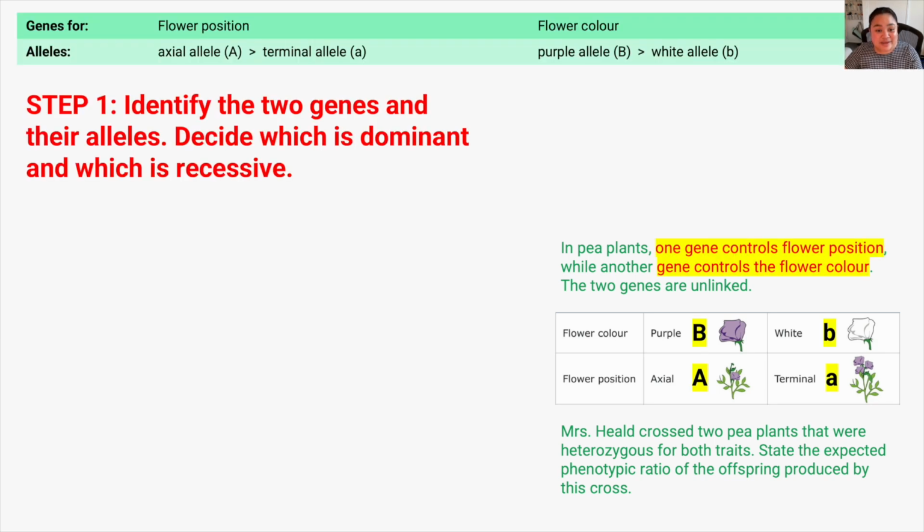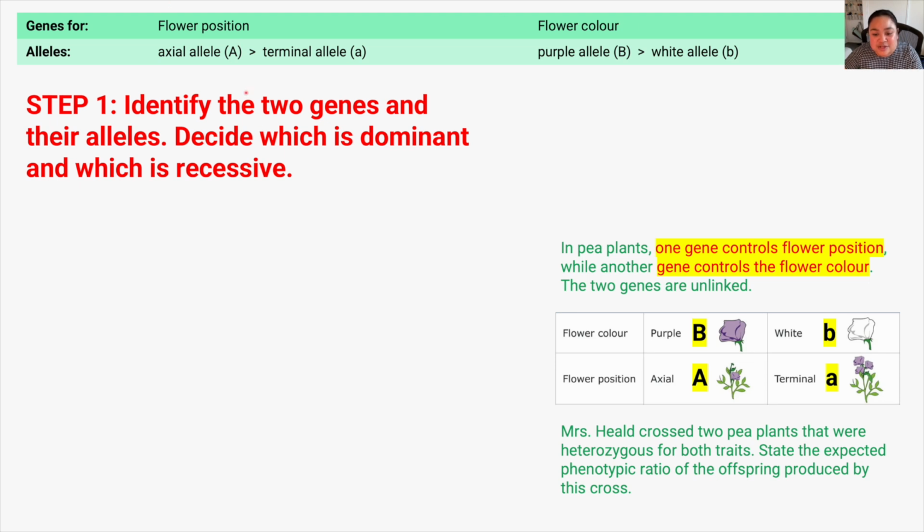So the first step in doing our dihybrid cross is to identify the 2 genes and their alleles. Decide which allele is dominant and which allele is recessive. The information tells us that 1 gene controls flower position. So that's our first gene, flower position. Our second gene is the gene that controls flower color, so we put that information up here. Now let's have a look at our alleles.